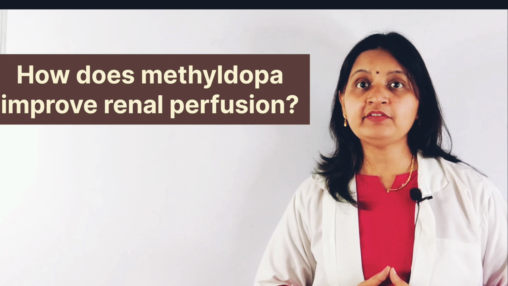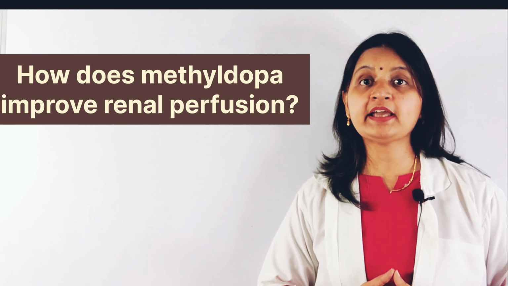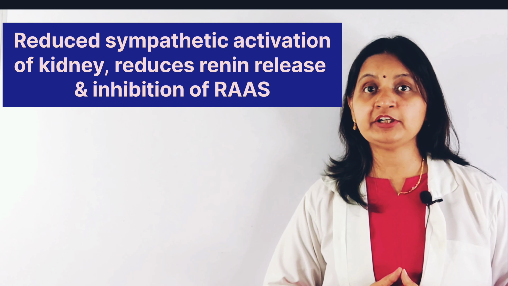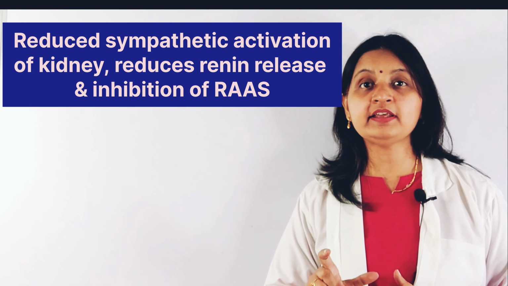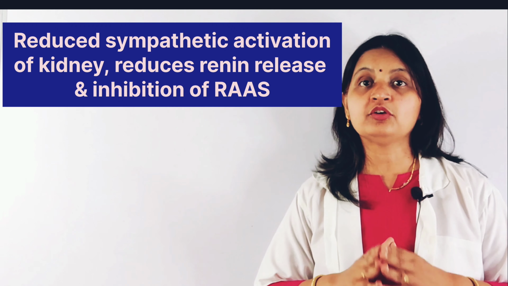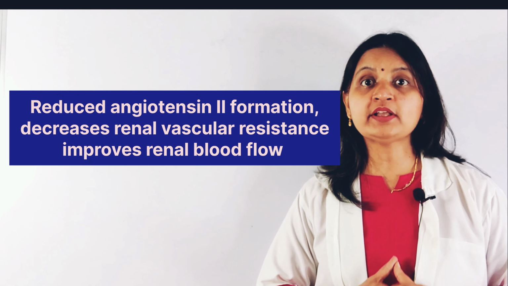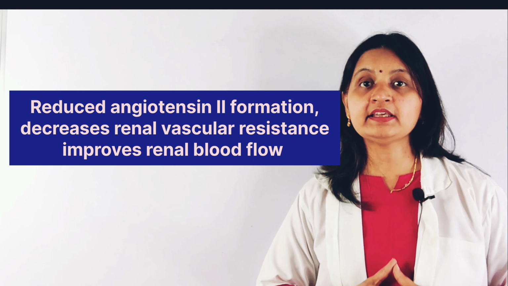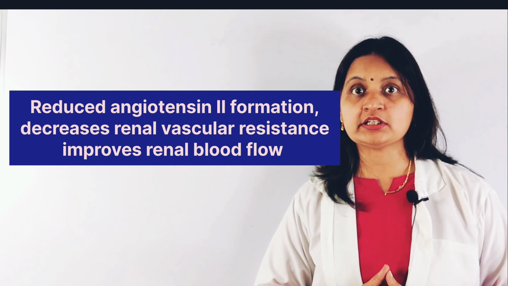Reduced sympathetic activity reduces the sympathetic activation on the kidney, thereby reducing renin release and decreasing renin-angiotensin-aldosterone system activation. This in turn reduces angiotensin II formation and decreases aldosterone formation.